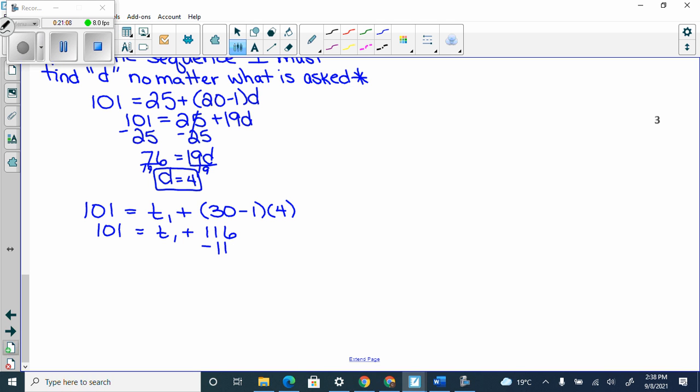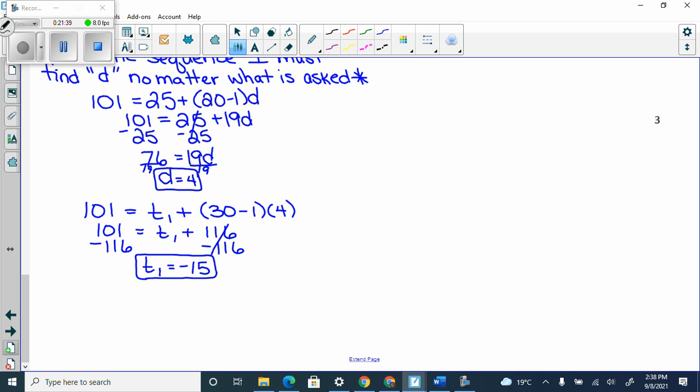Subtract 116, and what does T1 equal? Negative 15. Could I have gone from T11 and then just subtracted 4 till I got to T1? Sure. But if I start you at like T40, do 41 of them backwards, that sounds awful. Once again, you will run out of time.